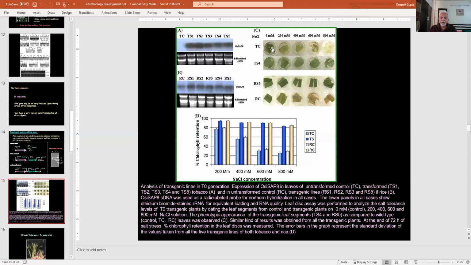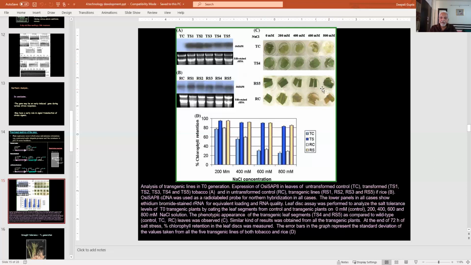Okay, so it shows that a normal plant loses chlorophyll because of this stress given by high salt concentrations. But if you look at the leaf taken from transgenic lines, you can see these leaf bits are able to retain chlorophyll even at 800 millimole.